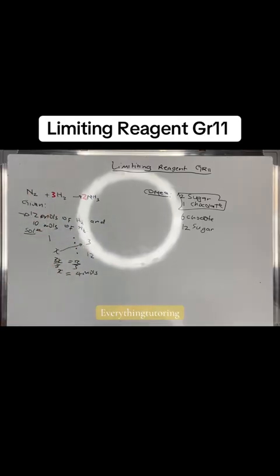Okay, 4 moles. That means if you are given 12 hydrogen, you need 4 moles of nitrogen. So how many are you given for nitrogen? Remember, you are given 10. That means you have more than enough. In this case nitrogen is in excess, and the other one obviously is going to be limiting.